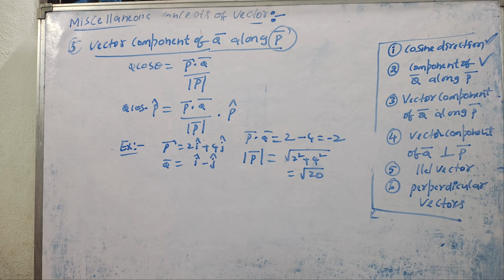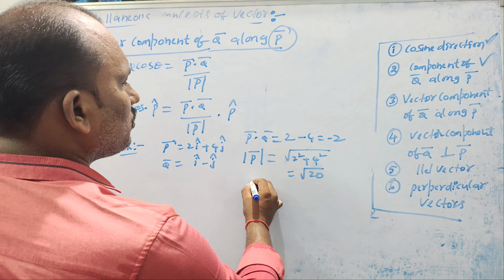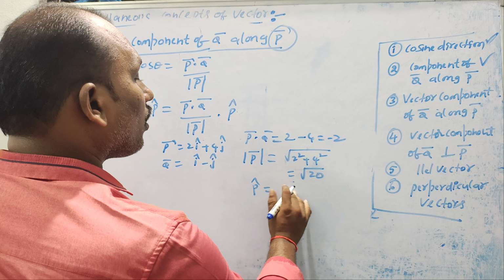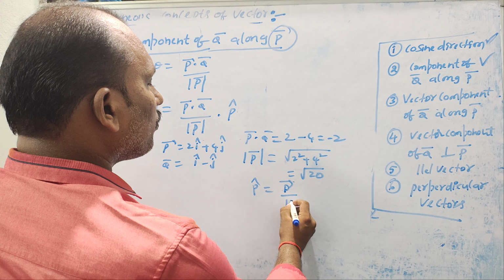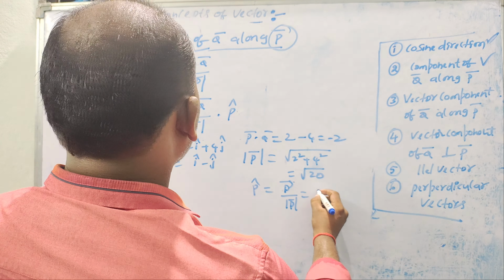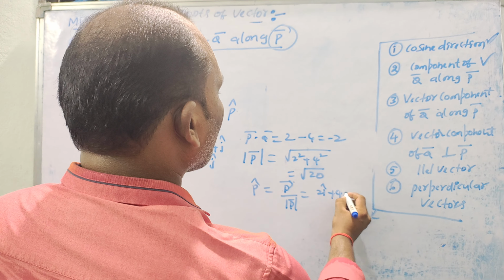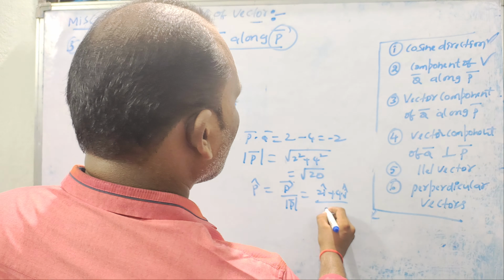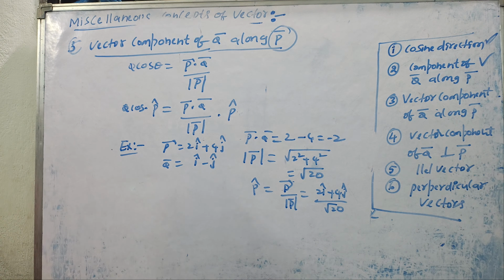I want the P cap value also right now. So P cap is equal to P bar by modulus of P bar, that is 2i cap plus 4j cap by root 20. Now I have to substitute all these values in the formula.